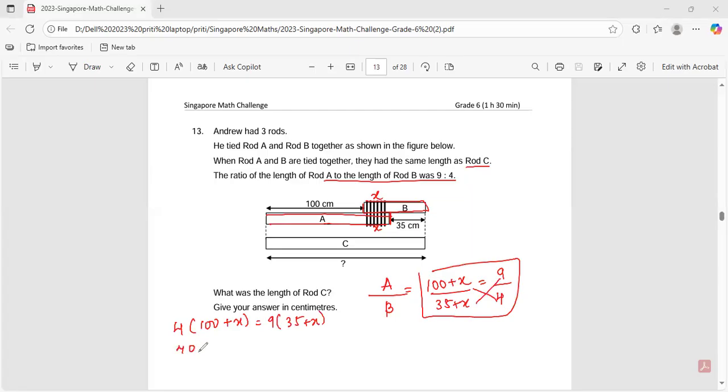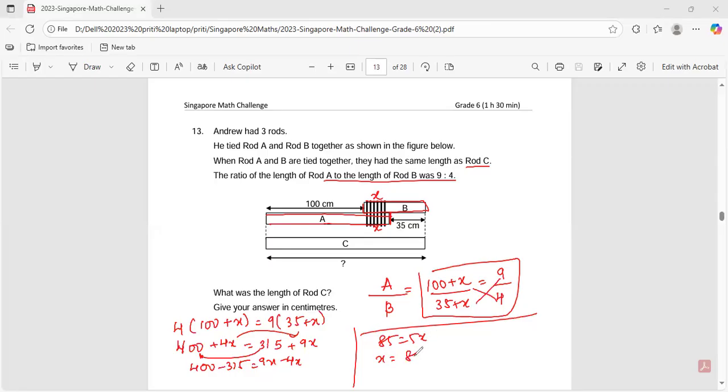So this is 400 plus 4x, which is equal to 315 plus 9x. So this goes here and this goes here. So you have 400 minus 315 and 9x minus 4x. So you get 85 is equal to 5x, or x equals 85 over 5, which is 17.